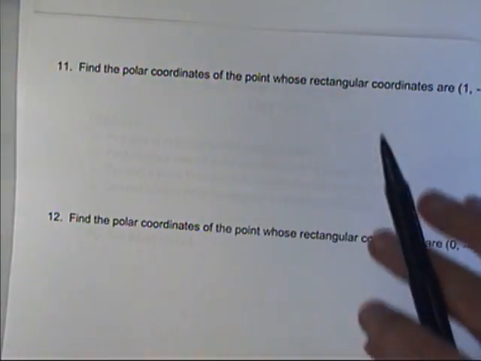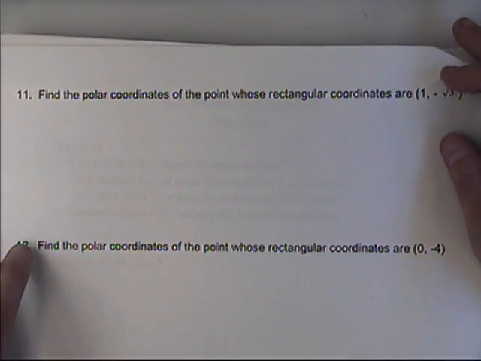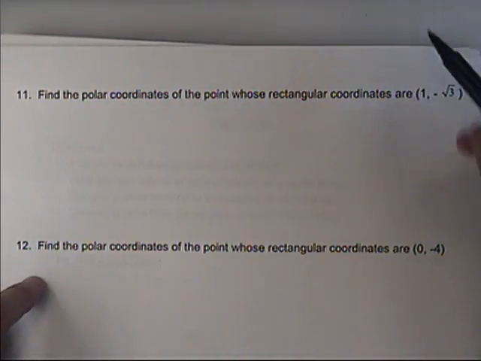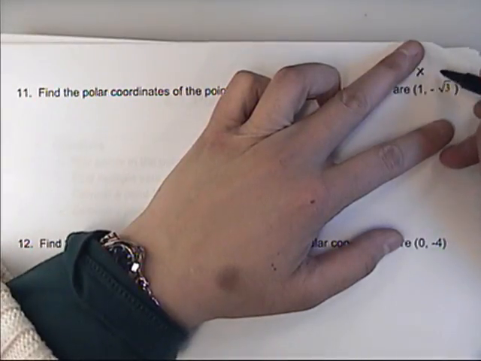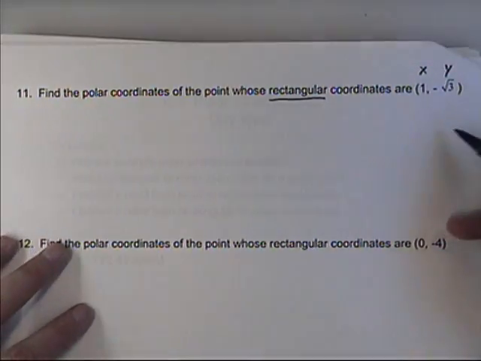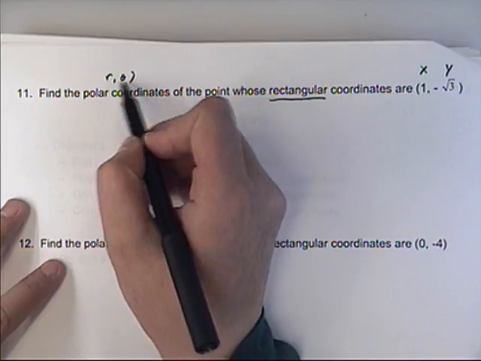All right, so number 11, how do I find the radius and the rotation if I have regular x and y, rectangular meaning just x and y values, like we're normally used to graphing? What would that be in terms of polar coordinates, where we're talking about r and theta?